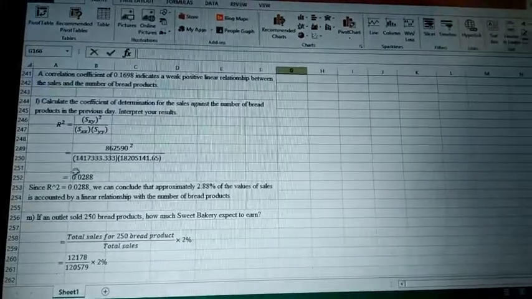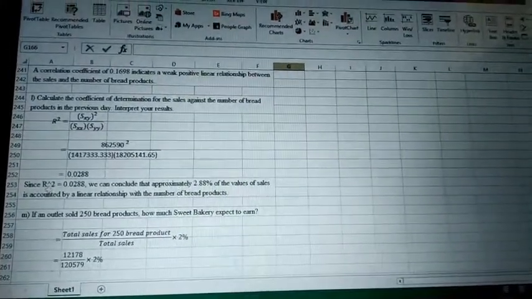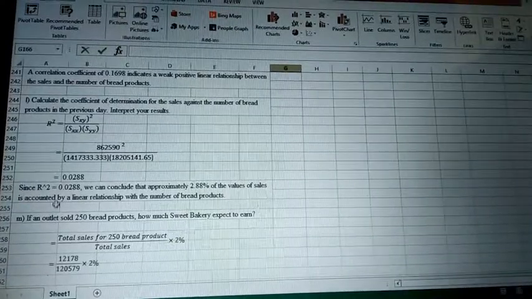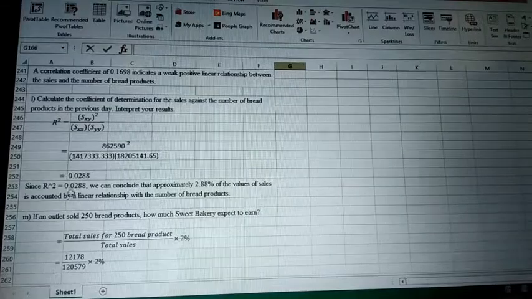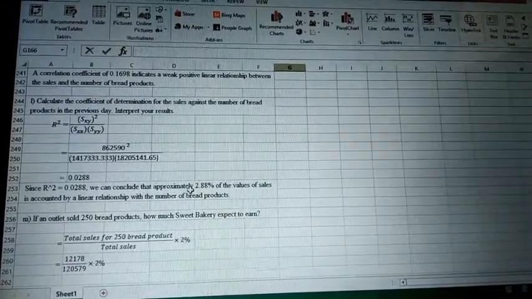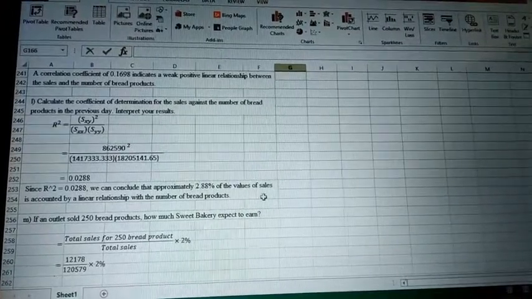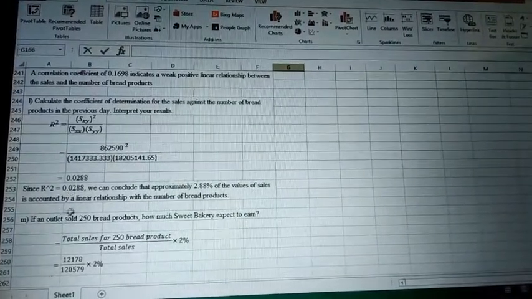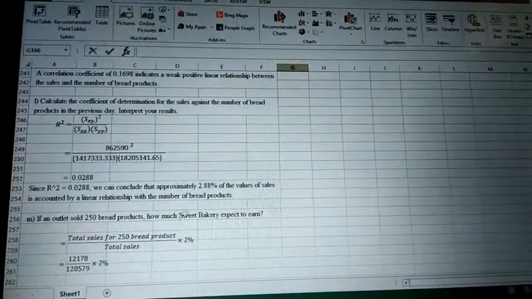So we calculate and then we get 0.0288. Since R squared equals 0.0288, we can conclude that approximately 2.88% of the values of sales is accounted for by a linear relationship with the number of bread products.